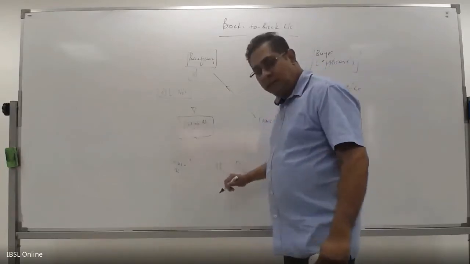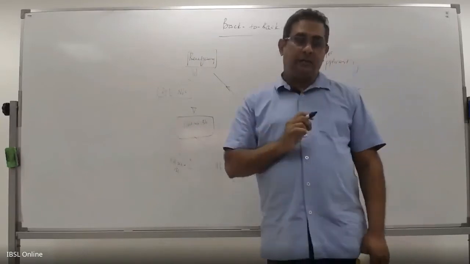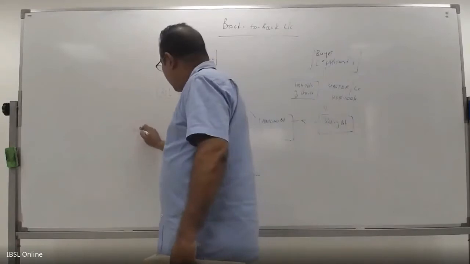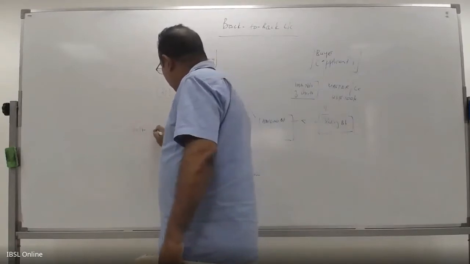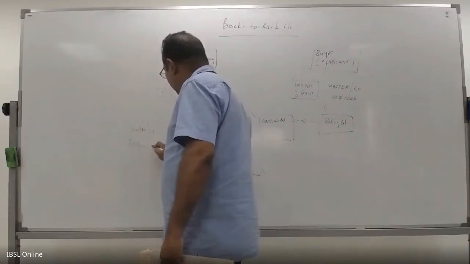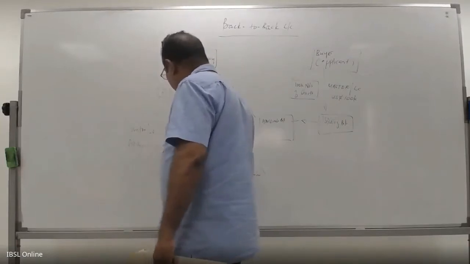Now, what is this LC? This is the back-to-back LC, right? Back-to-back LC or the baby LC worth of $80,000.